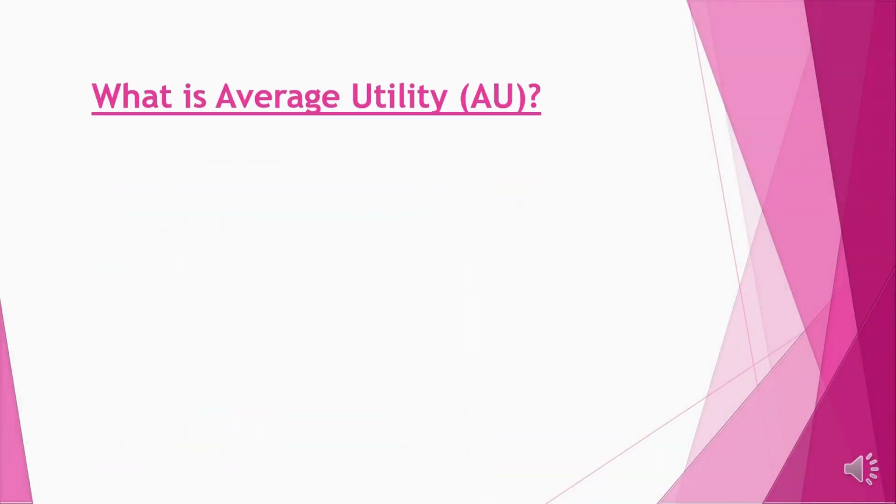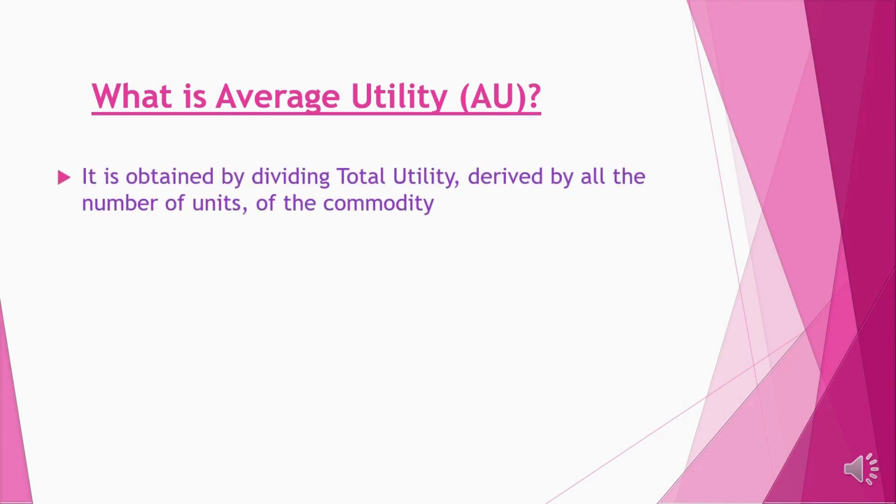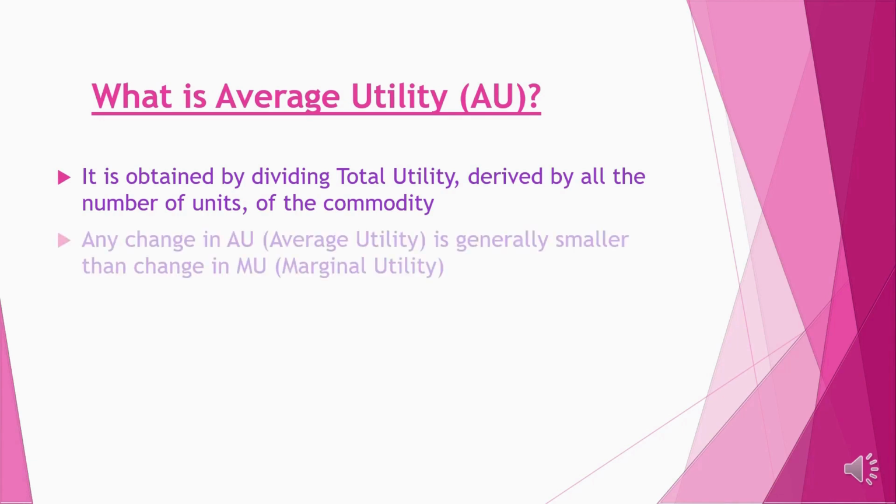Now let us see what is average utility. Average utility is obtained by dividing the total utility derived from all the units of the commodity by the total number of units of the commodity. Any change in average utility is generally smaller than the change in marginal utility.